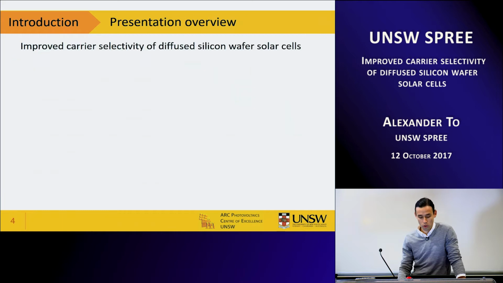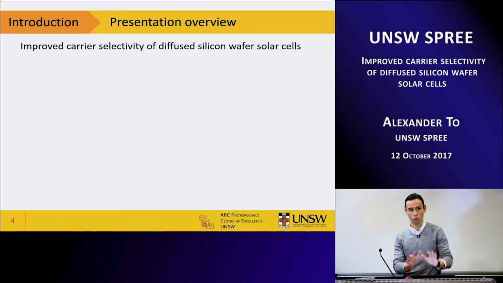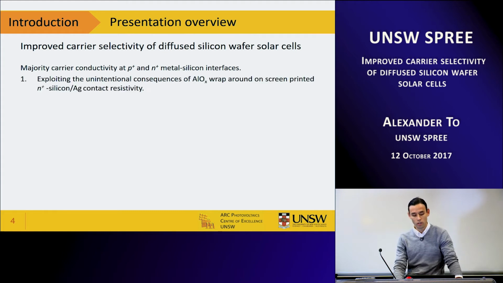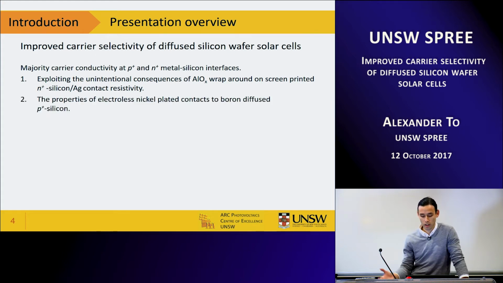So in today's talk, we're going to cover quite a broad range of different approaches. I'm going to start by looking at majority carrier conductivity on heavily diffused P+ and N-type surfaces, specifically how we can exploit a production anomaly when we make PERC cells to improve the N+ contact. Secondly, I'm going to look at how we can make nickel-plated contacts to boron diffused emitters.